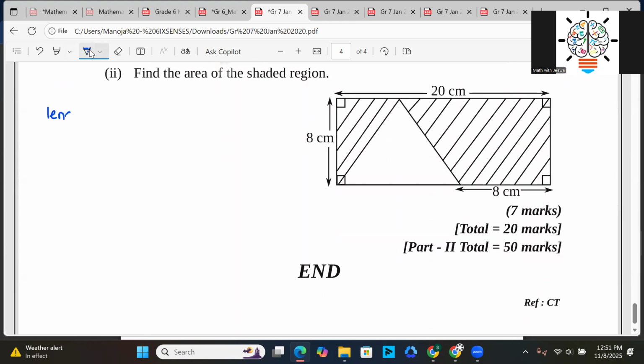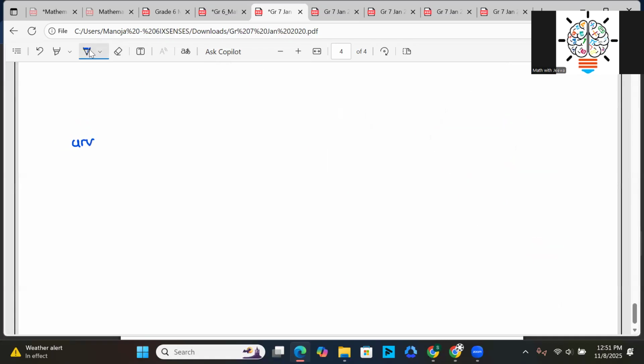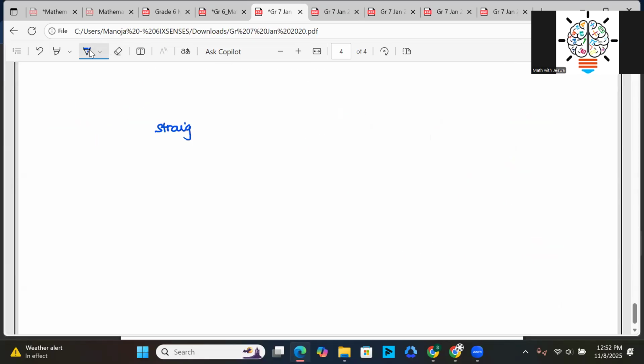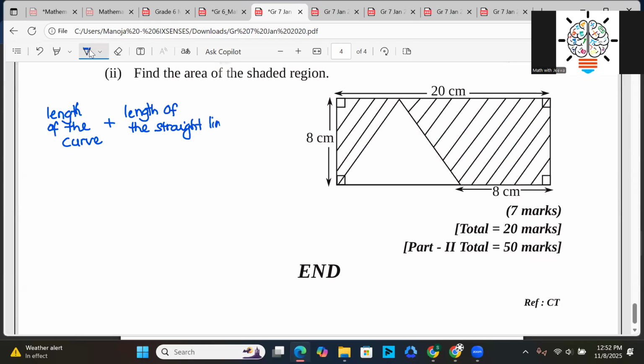Length of the curve and the length of the straight line, right? The curve, we know it is 2 pi r is the full circle, and you have half of it plus the length of the straight one means 2 meters plus 2 meters.